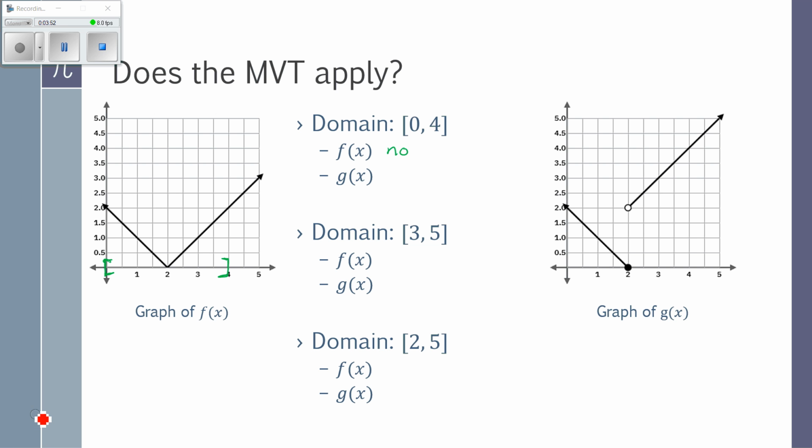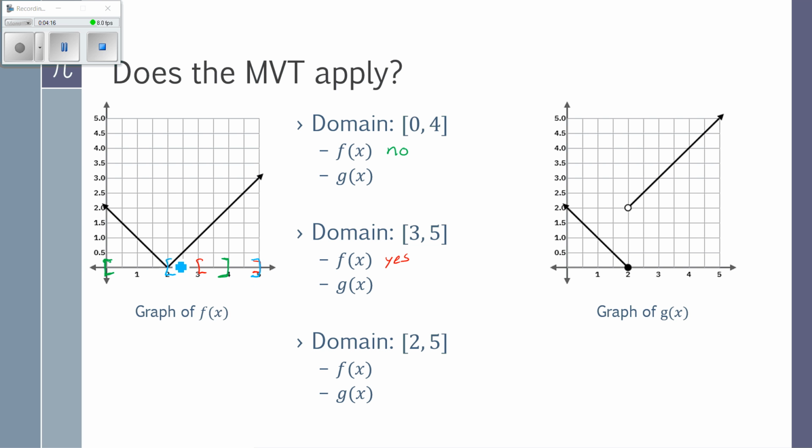If I then look from 3 to 5, my function is continuous and differentiable because the corner is not in that interval. So the MVT does apply. And then if I look from 2 to 5, here's 2, here's 5. It is continuous from 2 to 5.